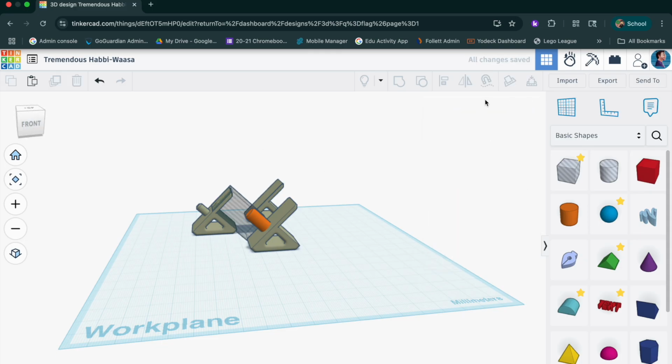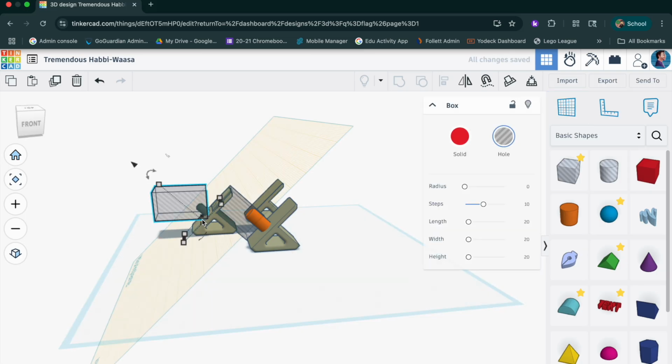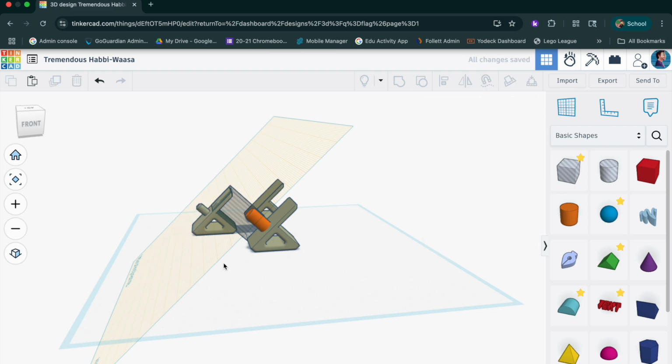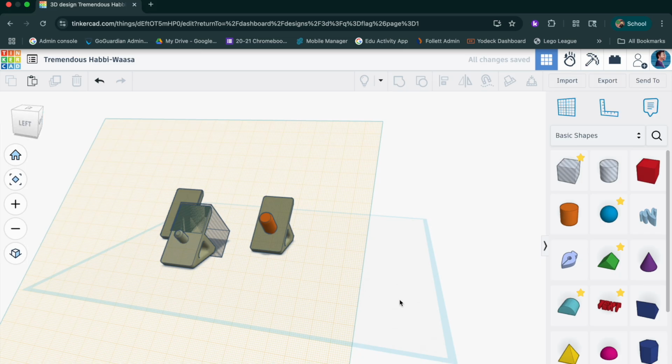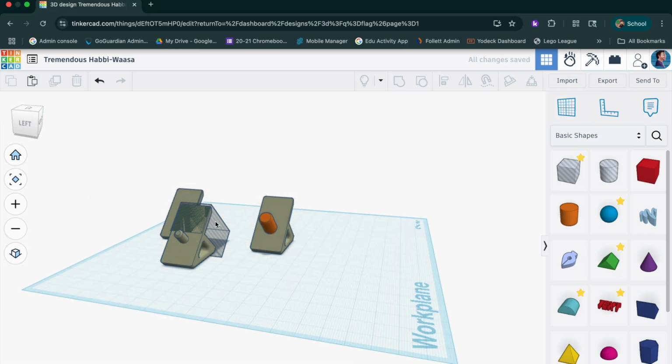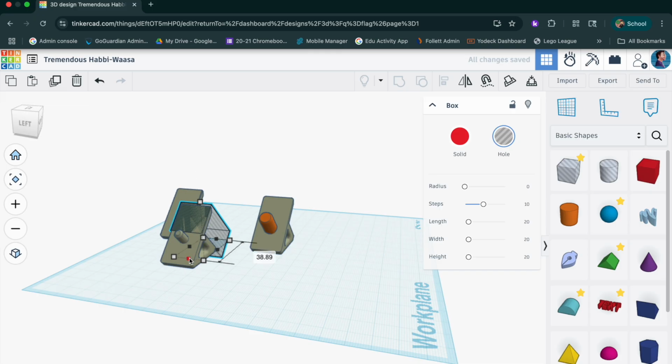And again, I'm just playing with the build tray. You know what? It'd probably just be easier to make this piece longer.